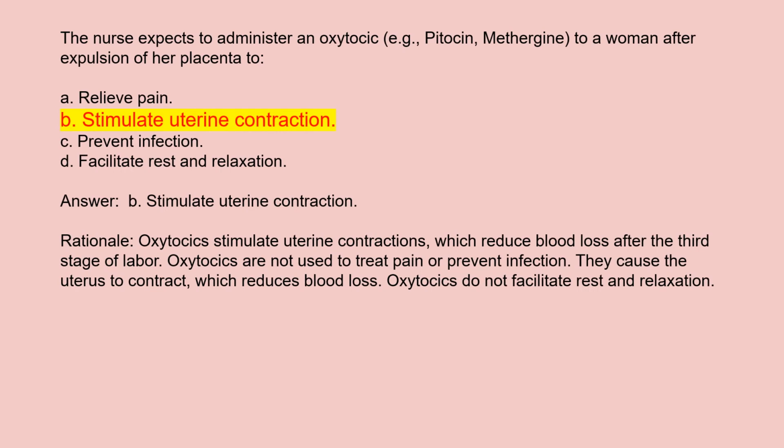Answer: B. Stimulate uterine contraction. Rationale: oxytocics stimulate uterine contractions, which reduce blood loss after the third stage of labor. Oxytocics are not used to treat pain or prevent infection. They cause the uterus to contract, which reduces blood loss. Oxytocics do not facilitate rest and relaxation.